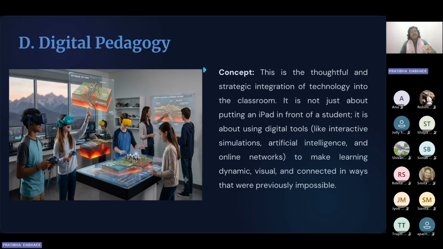So it is expected that whenever we are talking about digital pedagogy, we should go with the proper one. See, again I'm telling you, whenever you select a teaching aid, it should not be only available, it should be appropriate. Are you getting my point? One nice example is given over here.